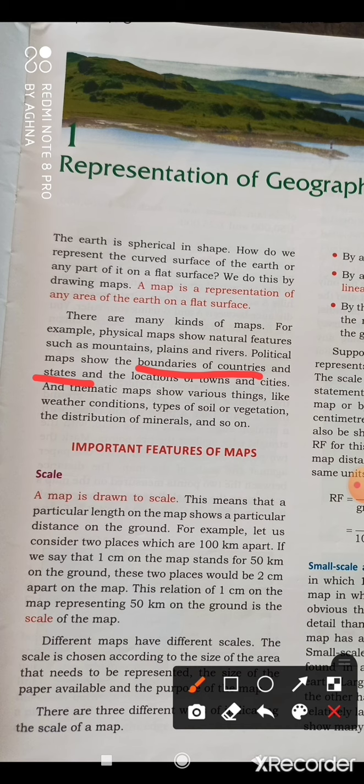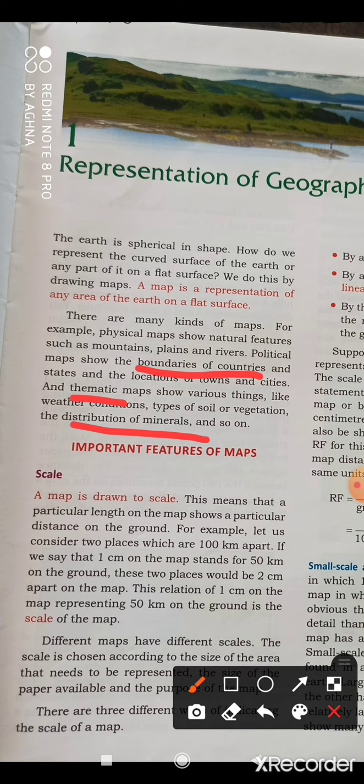Third is thematic map. So thematic map shows weather condition, type of soil, types of vegetation, even the distribution of minerals and resources. So it basically shows the maps on a theme, or you can say on one topic.